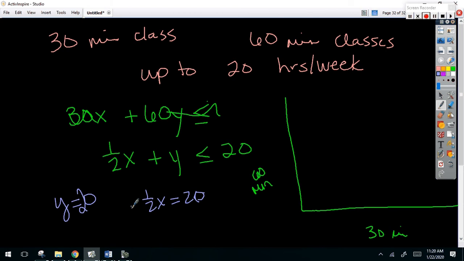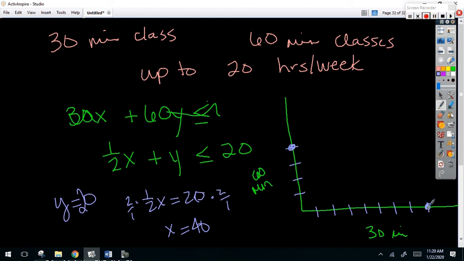Because we never divide by a fraction. Instead, we multiply by the reciprocal. So X is 40. So Y is 20. I guess I'll go by 5s. 5, 10, 15, 20, 25, 30, 35, 40.